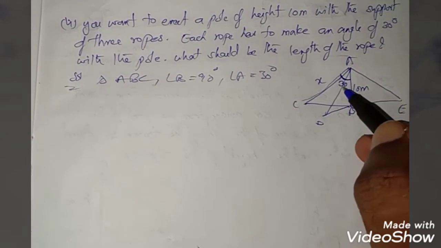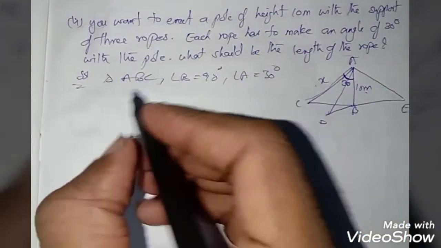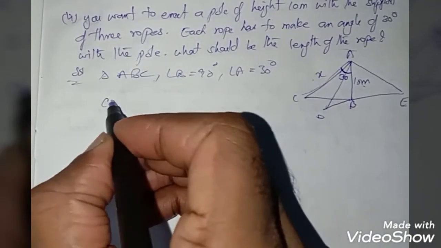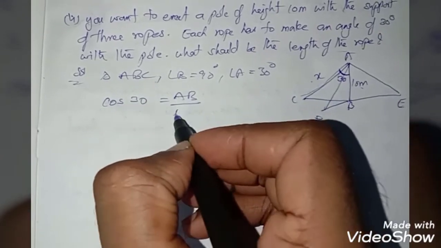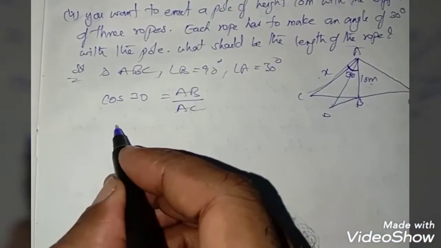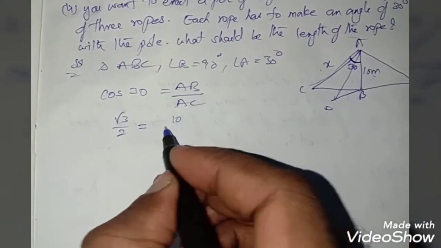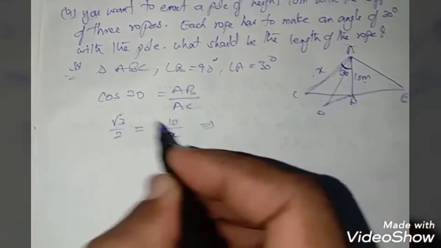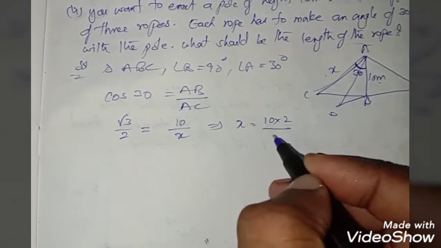Now here you have 30 degree, so this is adjacent side and this is hypotenuse. So adjacent and hypotenuse will come in cos, that is cos 30 is equal to adjacent by hypotenuse. Now here cos 30 value root 3 by 2 is equal to AB value is 10, AC is not given, x.